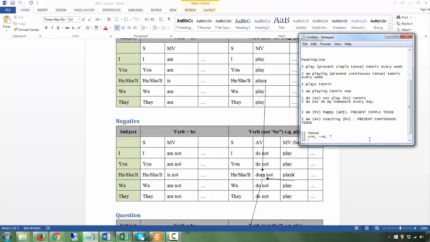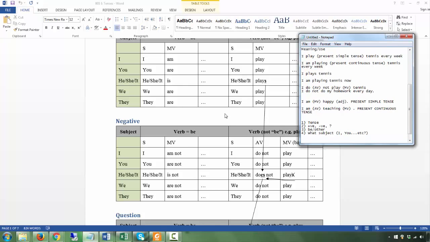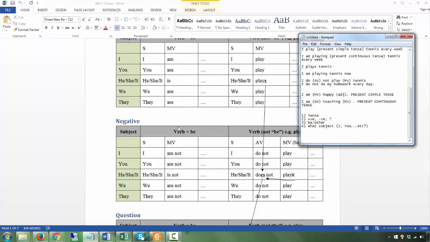Third, is this a be verb or other verb? Well, let me just do the fourth one first. Fourth, what subject, which means I, you, etc. So you know it's a present simple tense. Then the next step, maybe I'm going to do a negative statement.